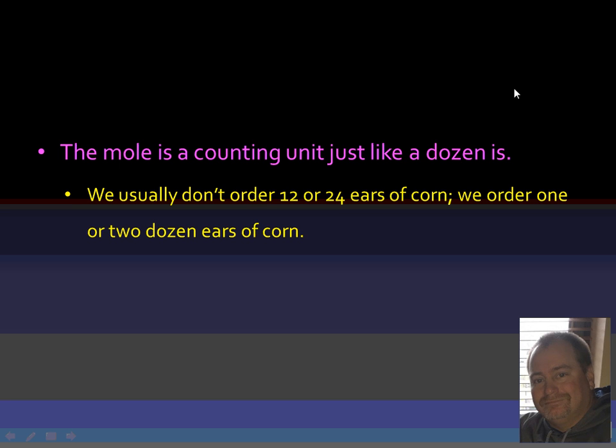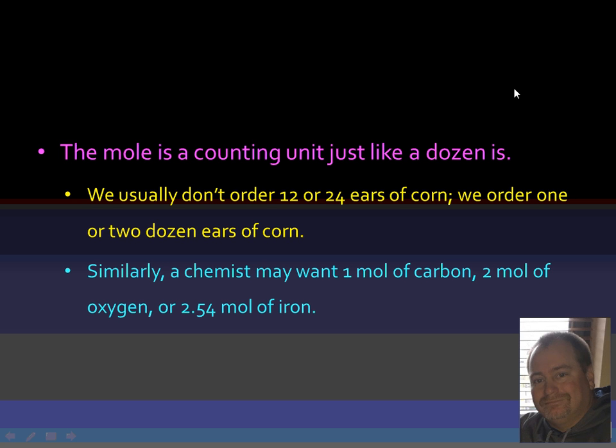Could I get 1.75 dozen? Yeah, I could figure out how many donuts that would be, right? So I could split it up. That's the same thing we're going to do with moles here. So, we say, I want a mole of carbon, I want a mole of oxygen, or I might need 2.54 mole of iron.